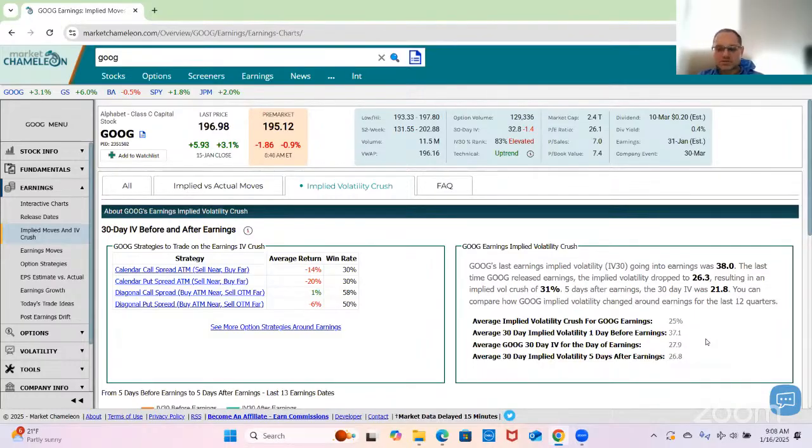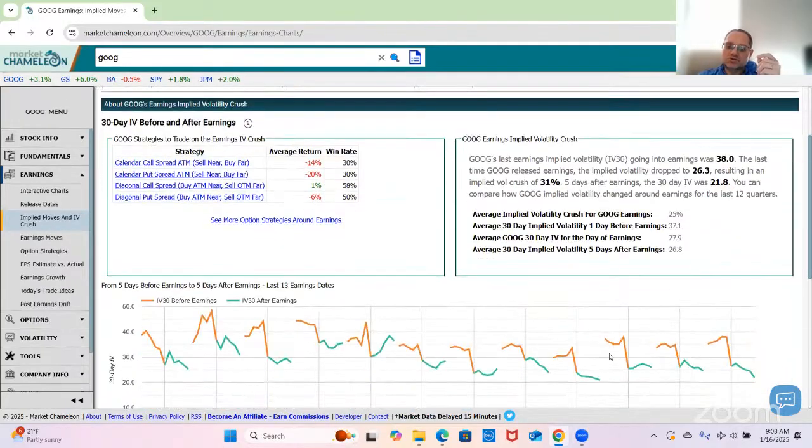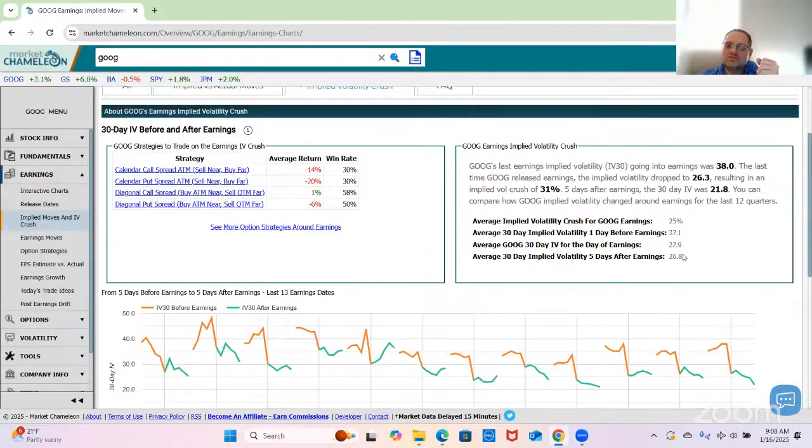Of course, sometimes it would be higher, sometimes lower. These are the averages. If we wanted to look at the historical data closer, we could scroll down this table. And one more thing we do have, I forgot to mention, how does the 30-day IV look 5 days later?